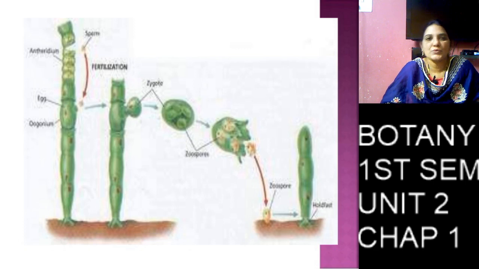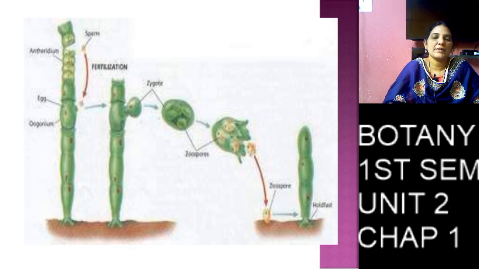The androspores enter into the water and swim for some time with the help of flagella, and they search for the oogonium and enter into the oogonium through the receptive spots.